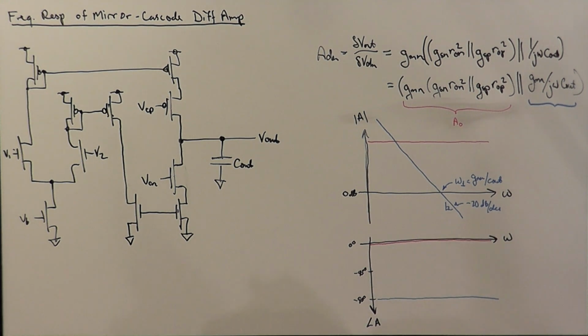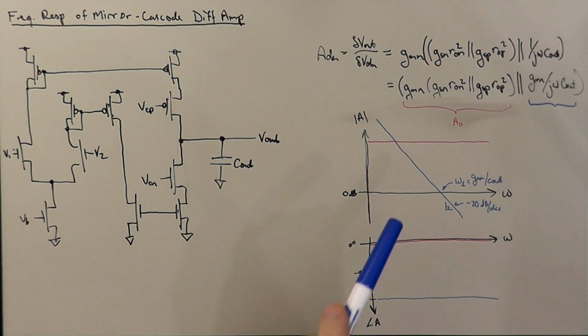And so the question is, ADM is the parallel combination of these two components that we've plotted separately on the Bode plot. What do we know about the parallel operator? Right, we said that the parallel operator is dominated by whichever component that we're combining in parallel is the least.